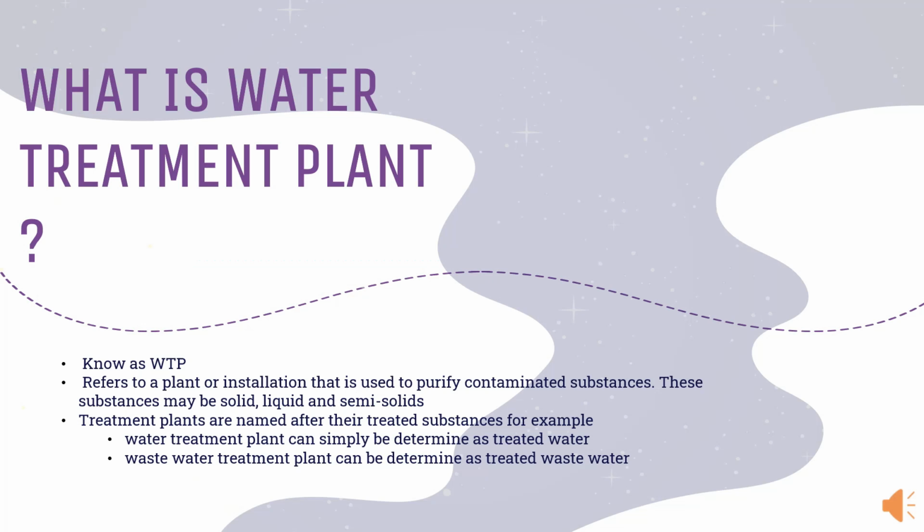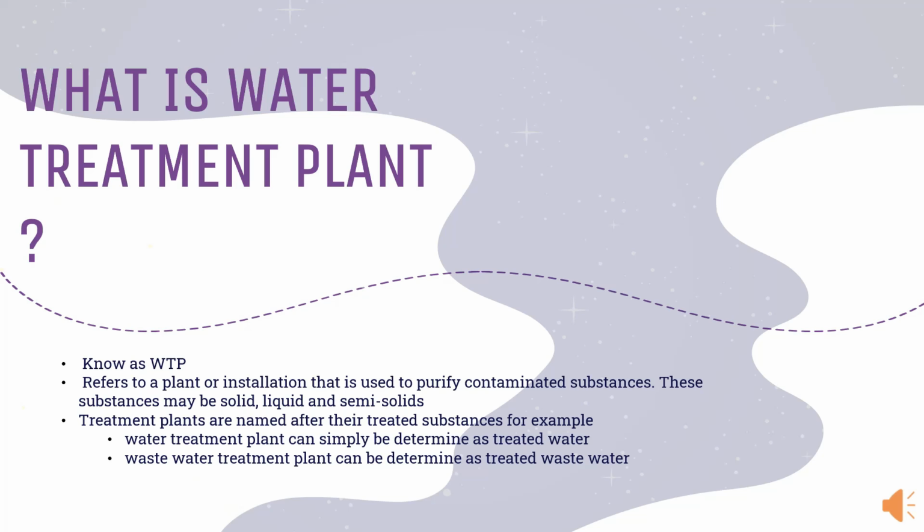I would like to start my presentation by telling you what a water treatment plant is. A water treatment plant is also known as WTP. It refers to a plant or installation that is used to purify contaminated substances. These substances may be in the form of solid, liquid, and semi-solid.